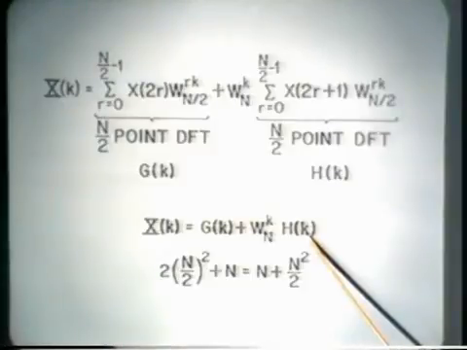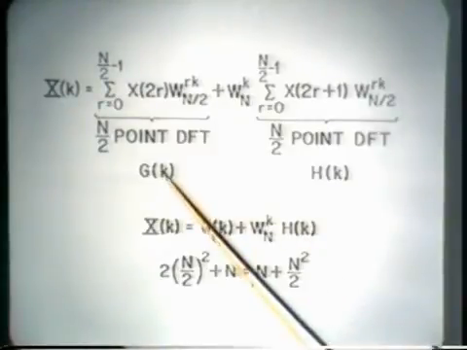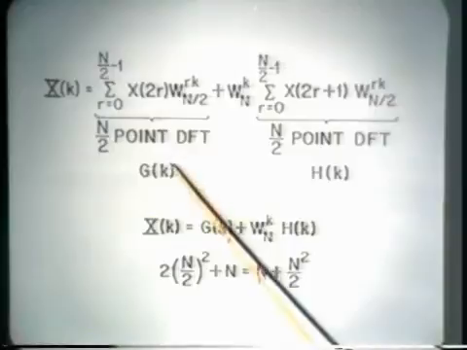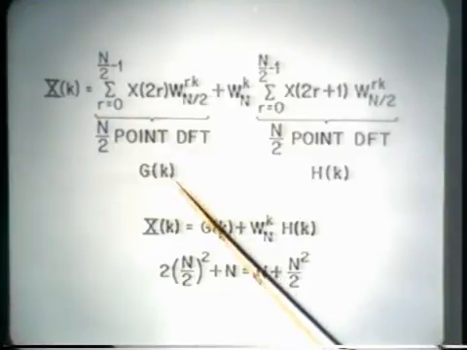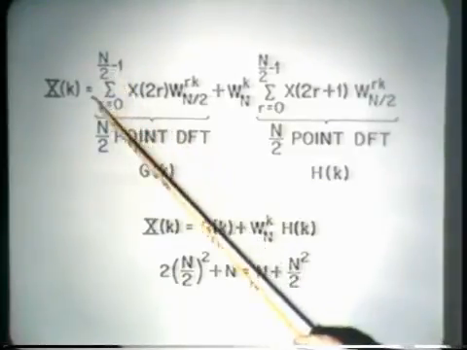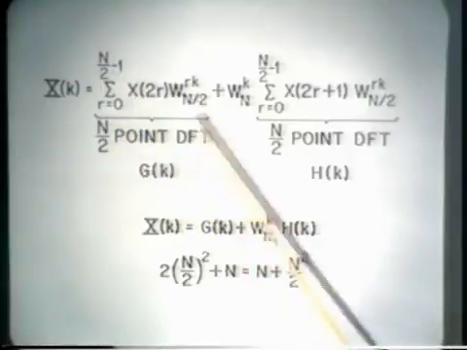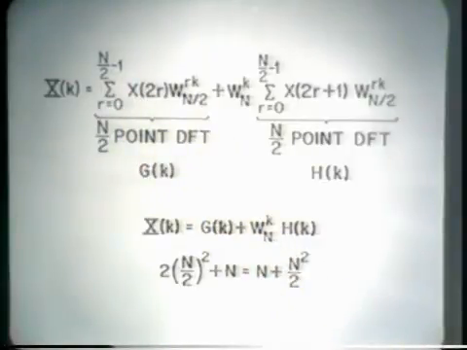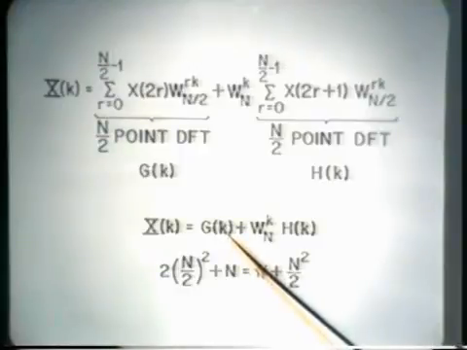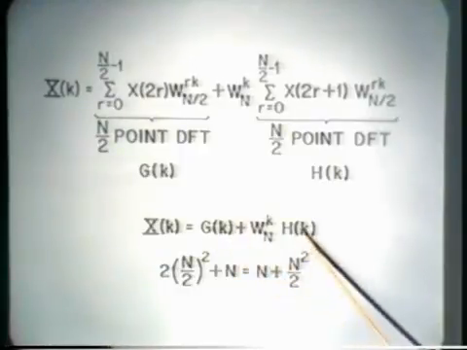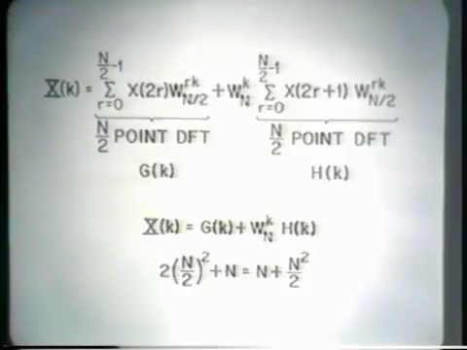So doesn't that say that in computing g of k, I can't just compute it from k equals 0 to n over 2 minus 1 as I normally would in computing a DFT? Don't I have to compute it from 0 all the way up to n minus 1? Well, sure I do. I do because those are the values that I need in here and in here. But what does that imply in terms of computation?